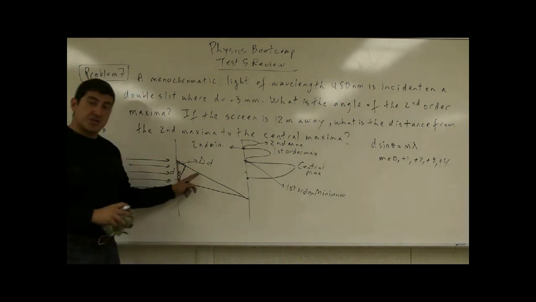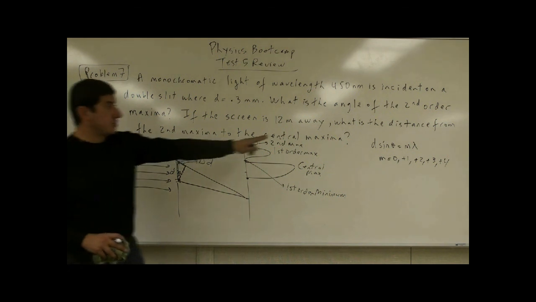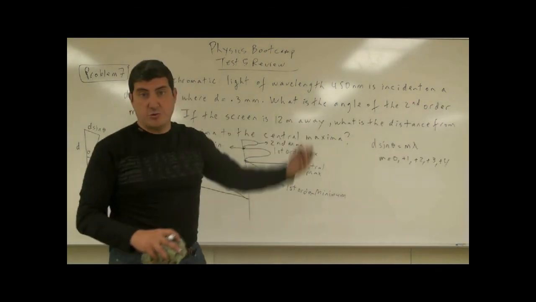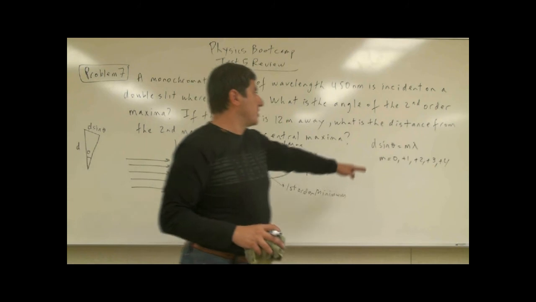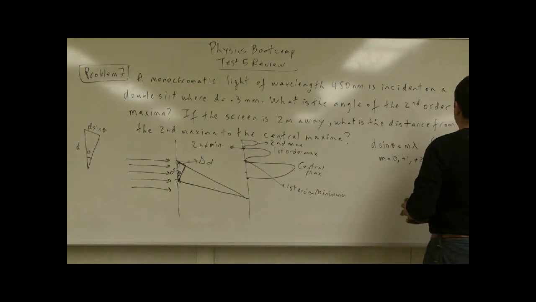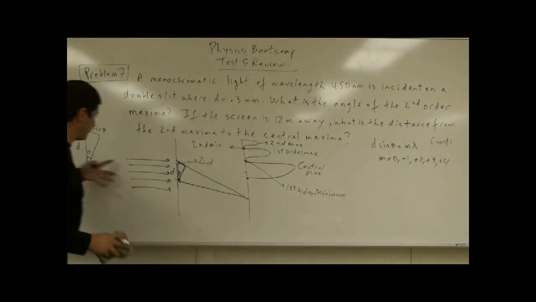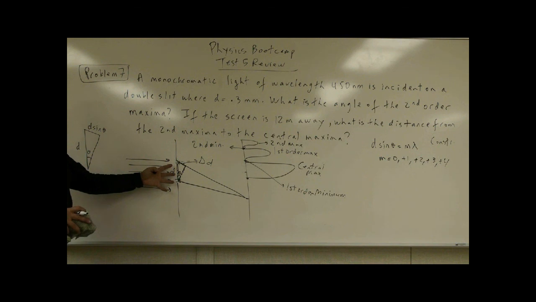So if that extra distance traveled by the top light ray is equal to an integer multiple of the wavelength of the waves, then you get constructive interference. Of course, we are assuming that all of the light is of uniform wavelength.